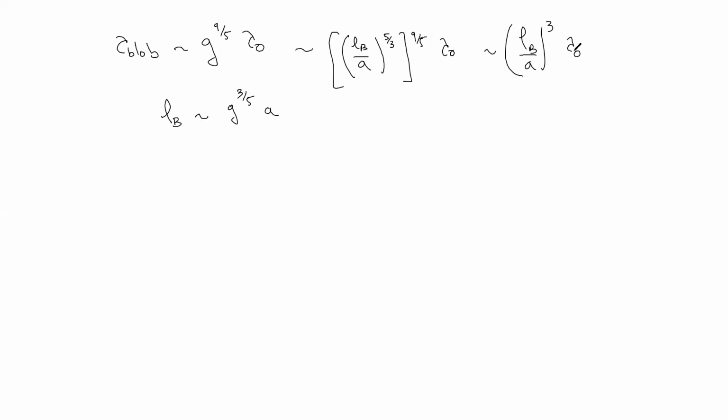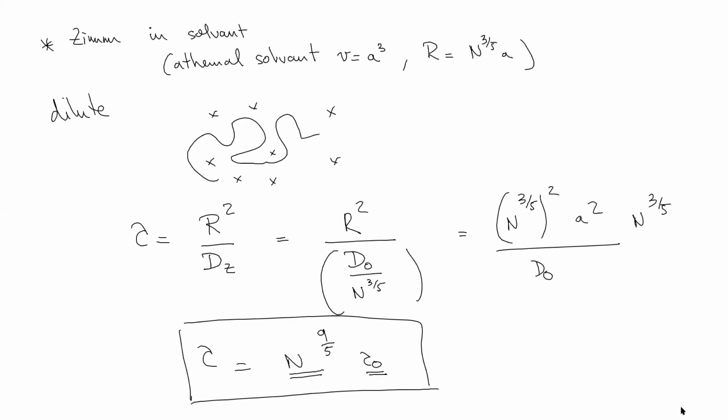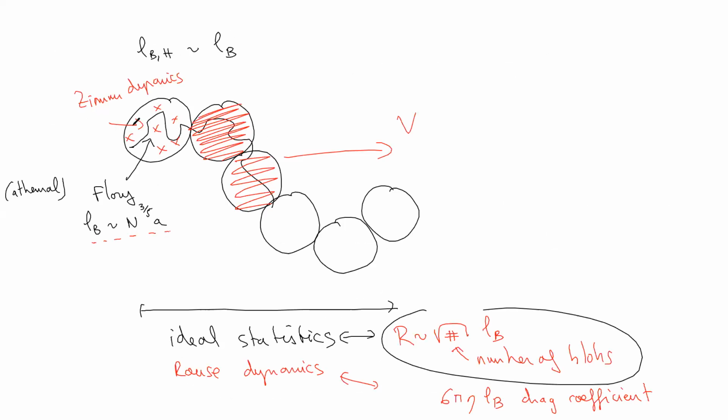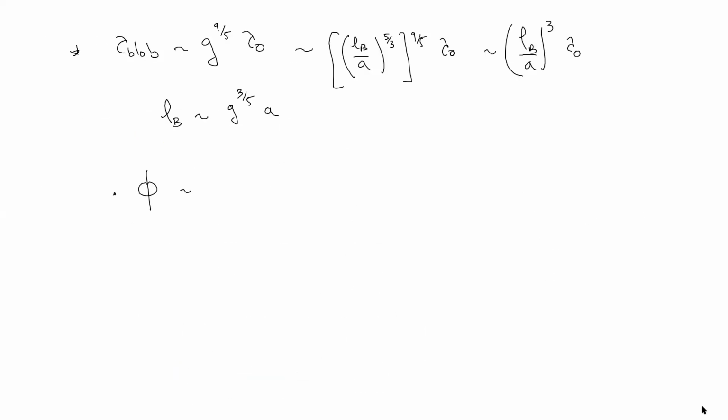Now let us connect that to the density. The density is how much monomeric volume you have here divided by the volume of a blob. So you have basically g monomers, each contributing a cube, and then you divide this by L_B cube. And we know that g is equal to L_B over a to the 5/3.